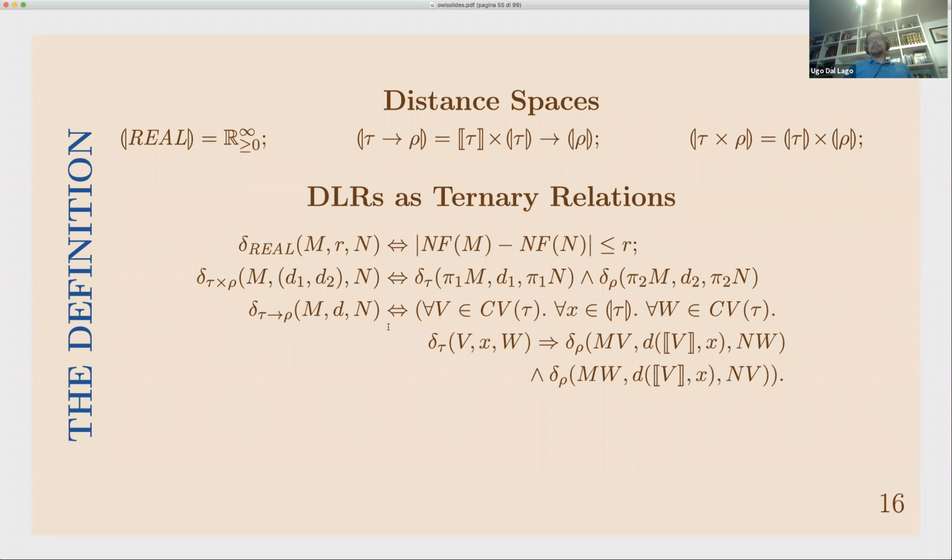Well, this holds if whenever you choose an argument, a closed value of type tau, and you feed m and n with v on the one end, and with w being another value at a certain distance from v, well, you get that this distance between mv and nw is at most the one given by d.